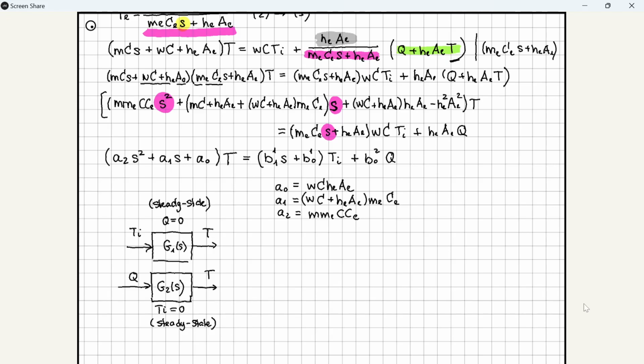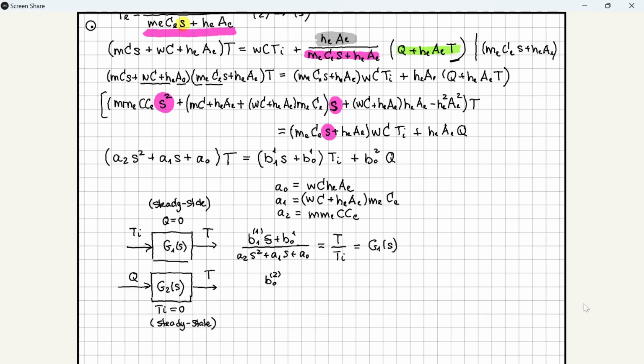So this means that the transfer function for the first model here is B11 times S plus B01 over A2S square plus A1S plus A0, is equal to T divided by Ti, and this we call G1 of S. And the second function is B02.